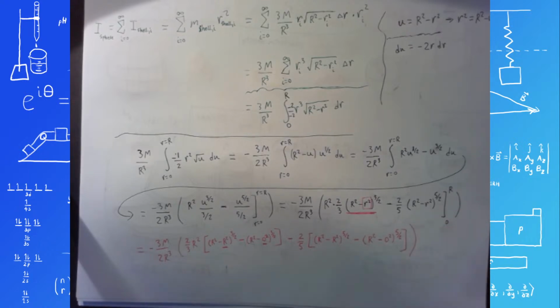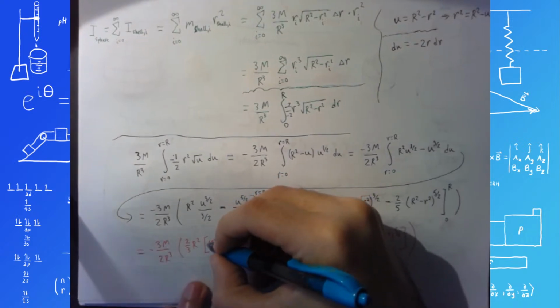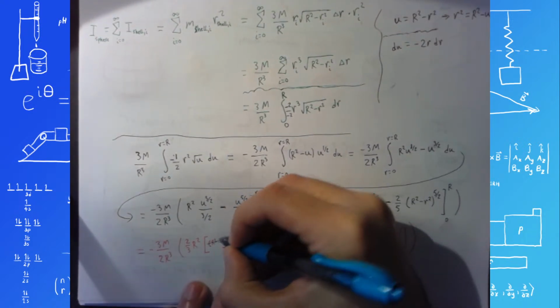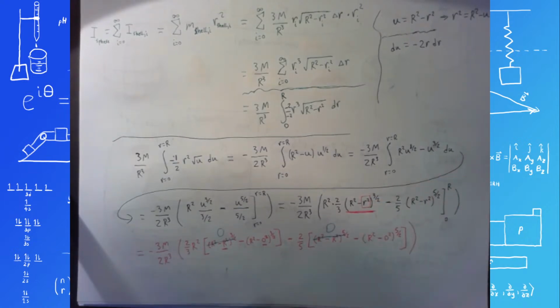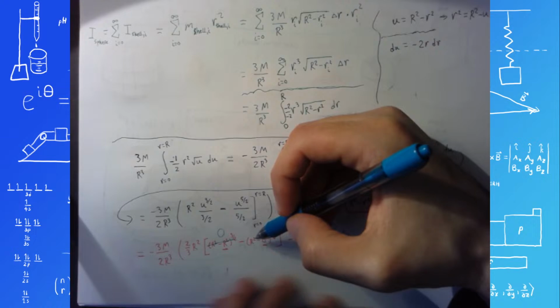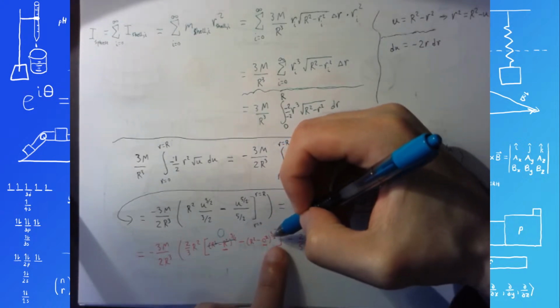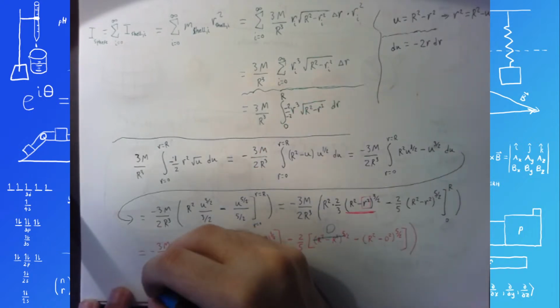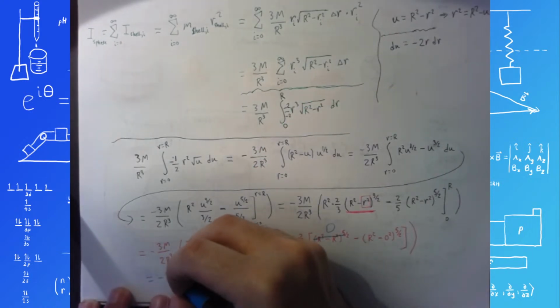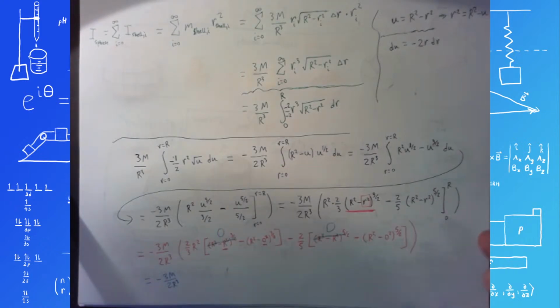Oh boy. Well, the good news is that this is a 0, and this is a 0, so that's some relief. And then we've got big R squared to the 3/2 is left out of this one. Equals, is this part of the page still visible on the screen? Let me double check that real quick. Yes, it is. Okay.